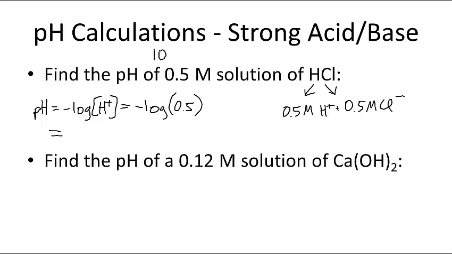We have 10 to the 0 equals 1, and 10 to the negative 1 equals 1/10. So 10 to the 0 is greater than 0.5, which is greater than 10 to the negative 1. So I know that this pH should be between what two integers? 0 and 1.